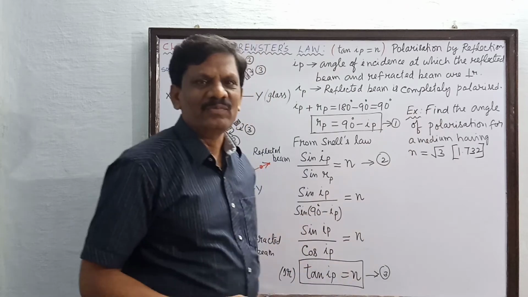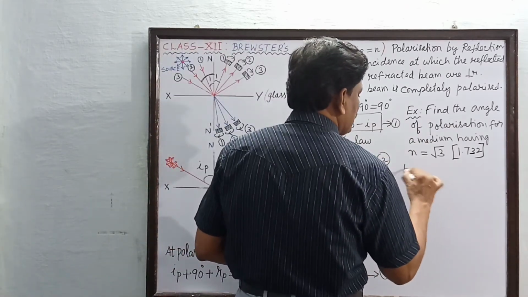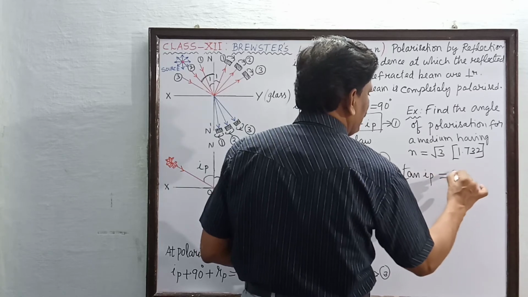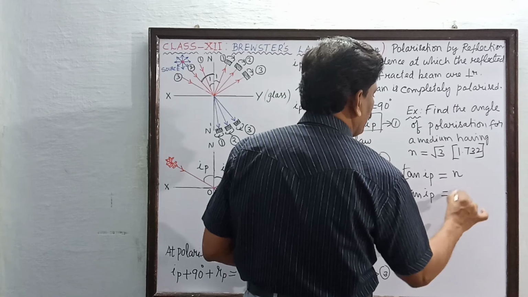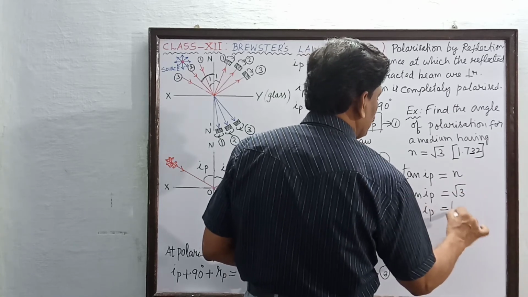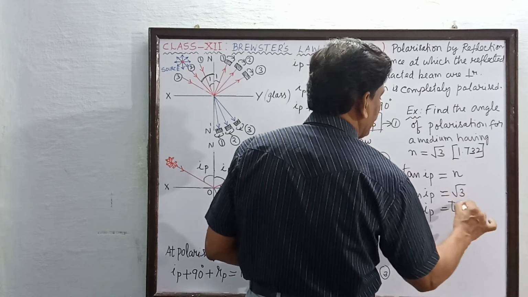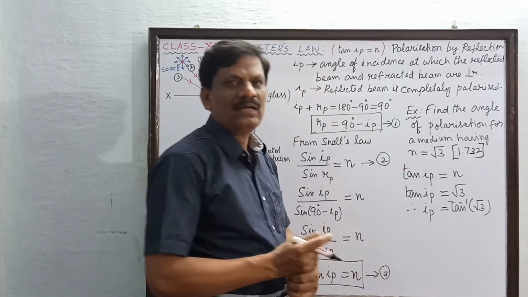Like this they may give. So from Brewster's law we can determine the value. Tan IP is equal to n. So tan IP is equal to root 3. Therefore IP is equal to tan inverse of square root of 3.